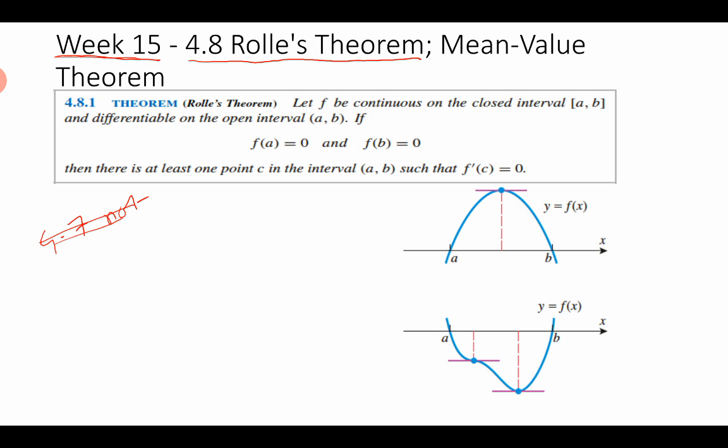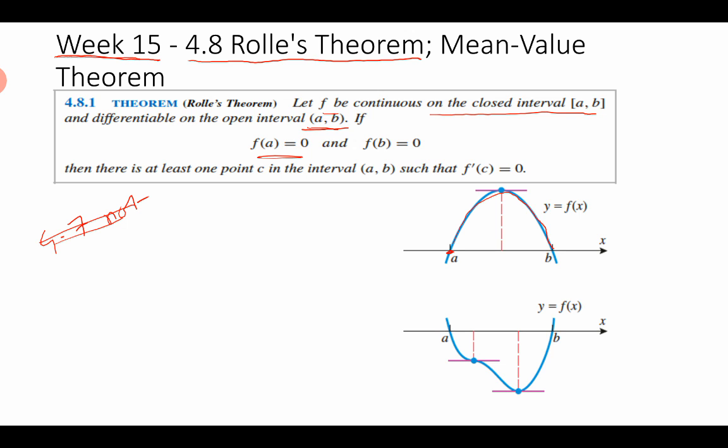What does it say? A function f is continuous on the closed interval and differentiable in the open interval. The function is continuous going through the interval and differentiable everywhere; there is no discontinuity. At the end points, the function value is 0.